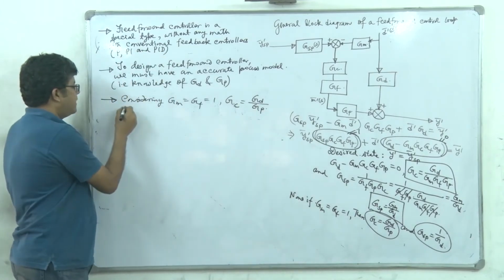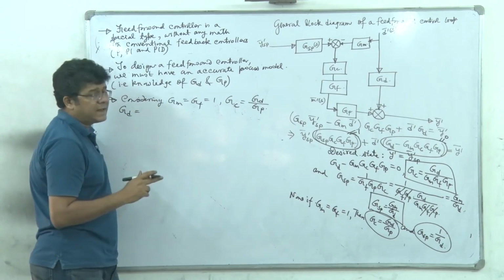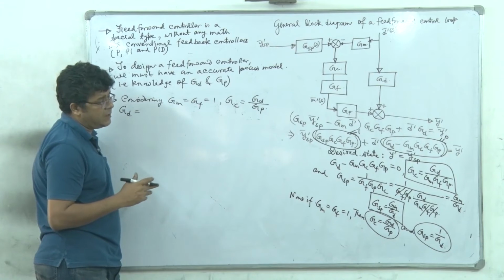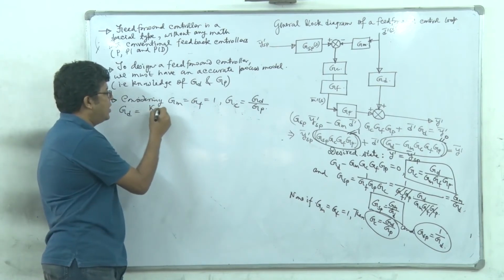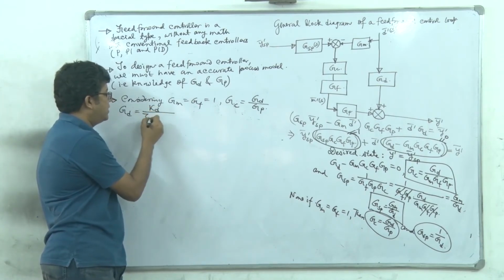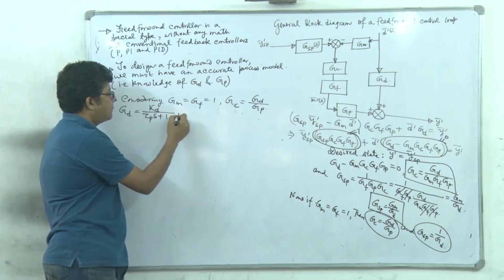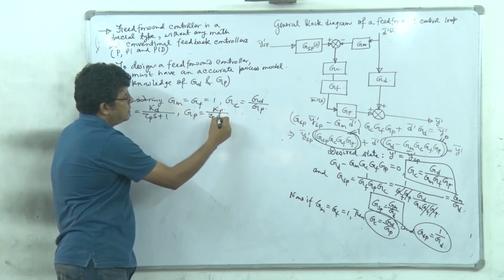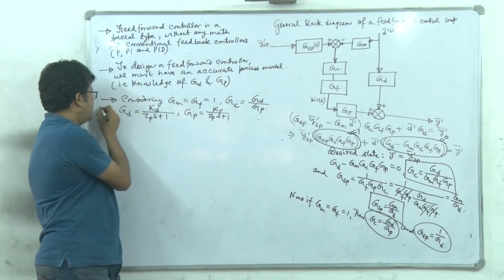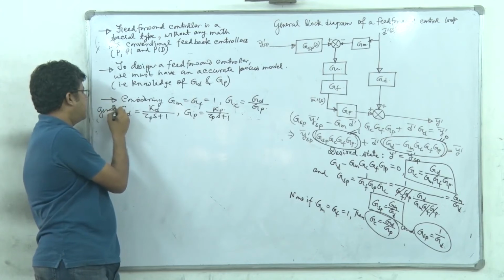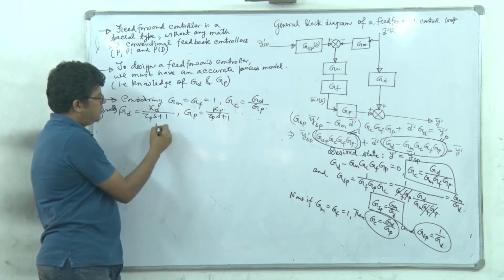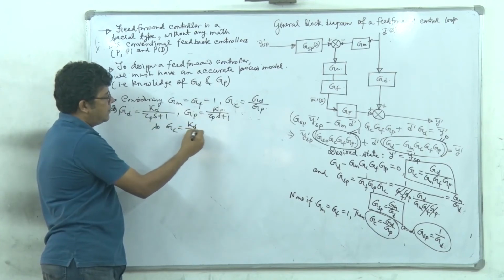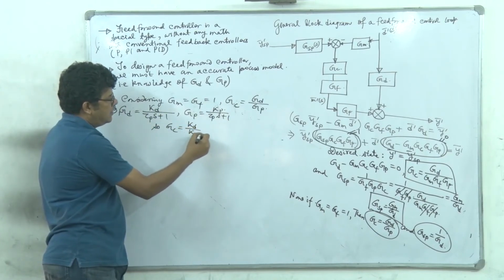Generally, what happens is GD and GP for standard cases will have the same denominator, with only the gains different: KD divided by tau PS plus 1 and GP equal to KP divided by tau PS plus 1. So GC is GD, that is KD, divided by GP, that is KP, right?